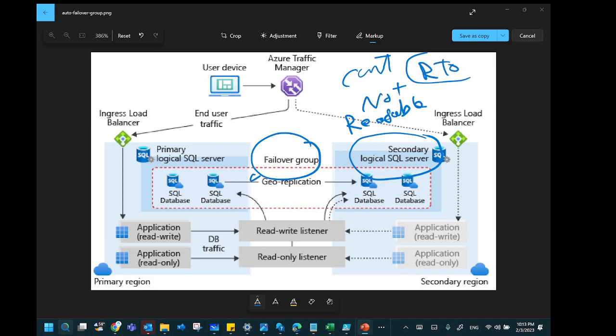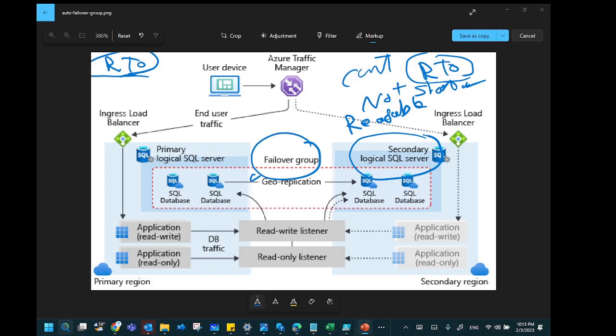So we have a shorter RTO if we compare it to geo-replication. When we talk about RTO, you have to talk with the customer and understand this point when planning for disaster recovery. So you have to tell the customer that the failover group is related to RTO, and we have a shorter recovery time objective with a failover group.